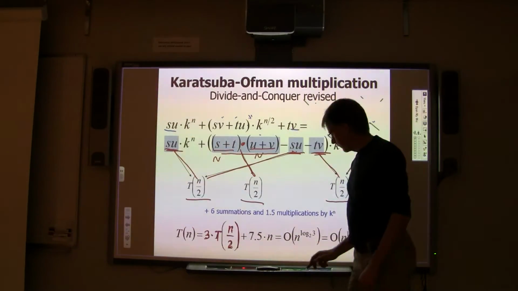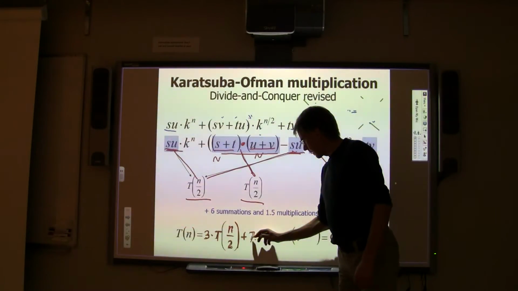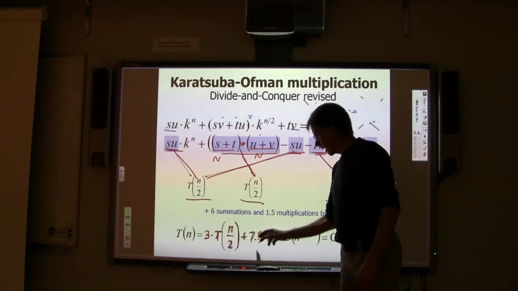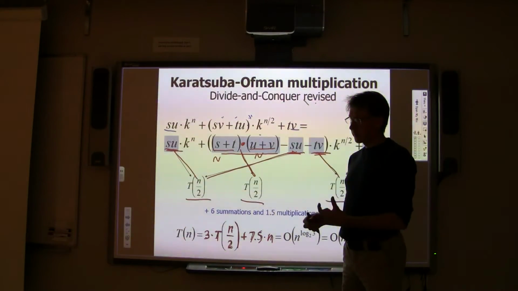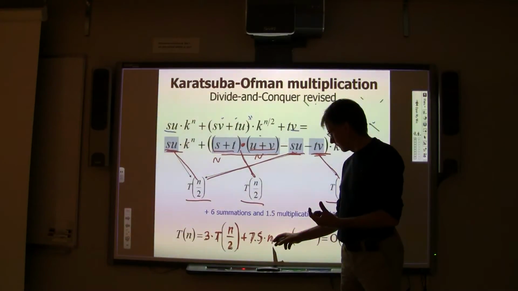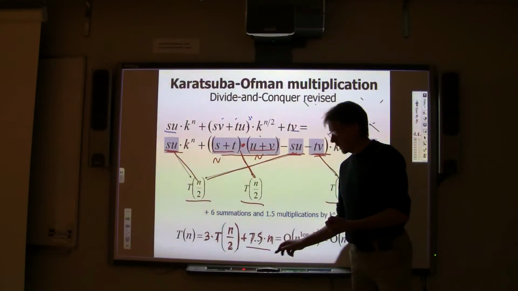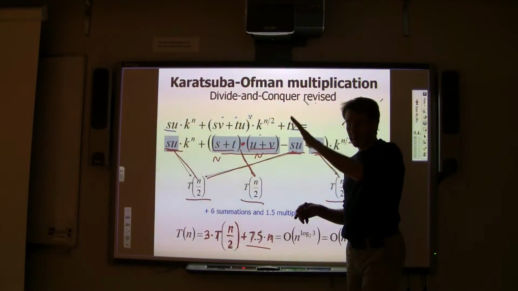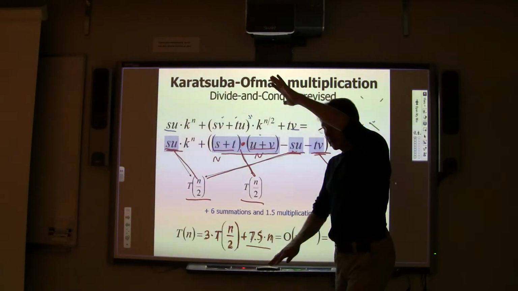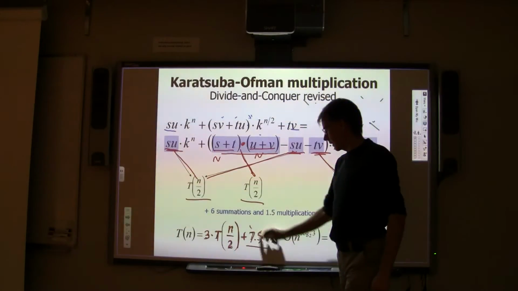I get one rid of. My constant work in the linear time work has increased. I have more summations and more of this linear time process. But because this is anyway going to be overtaken when n grows really big, it starts to become insignificant at the end. So it really doesn't matter.